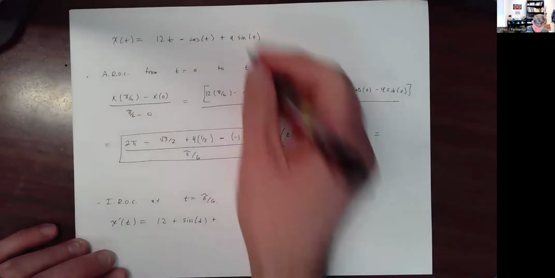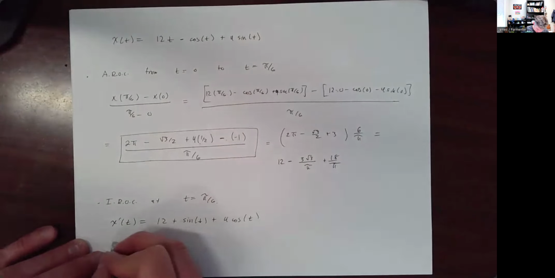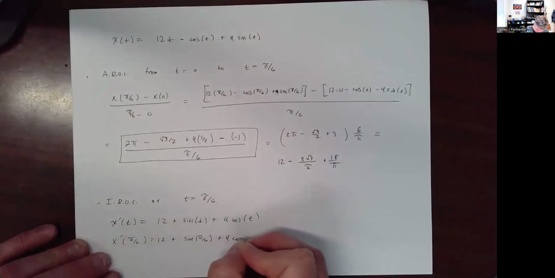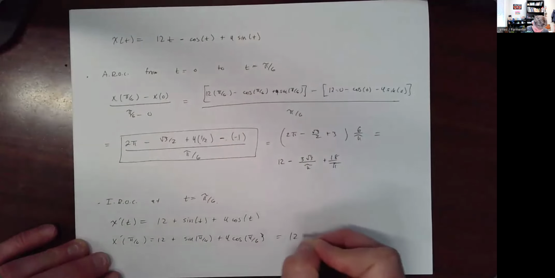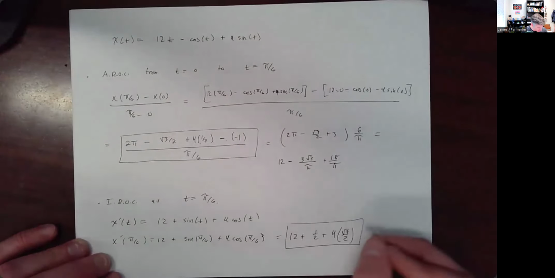And the derivative of sine is cosine, so 4 cosine of t. Then plug in pi over 6. x prime of pi over 6 is 12 plus the sine of pi over 6, which is 1/2, plus 4 times cosine of pi over 6. It's going to be 12 plus 1/2 plus 4 times root 3 over 2. And again, don't simplify this unless specifically asked to.